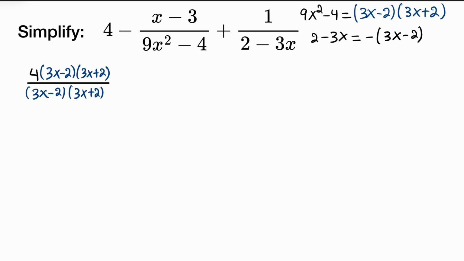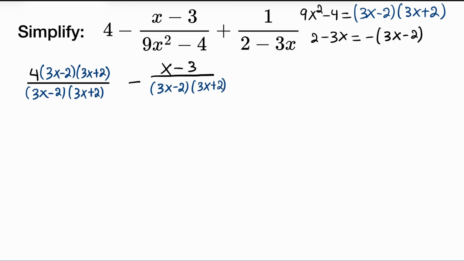So let's do that. So that is minus x minus 3 divided by, and that is the common denominator of 3x minus 2 times 3x plus 2.